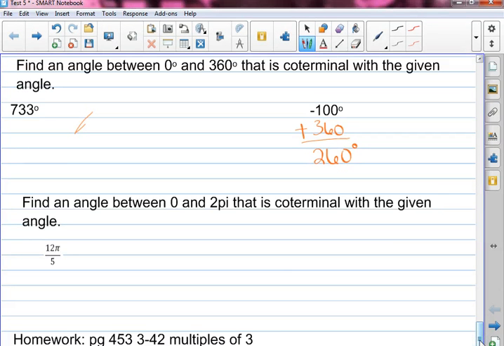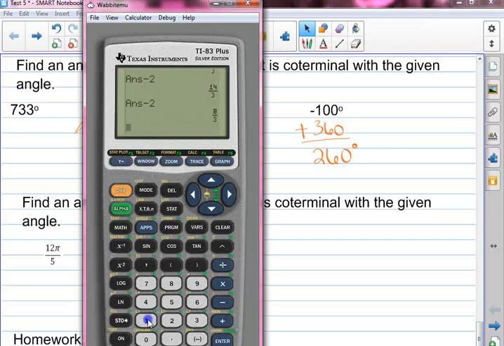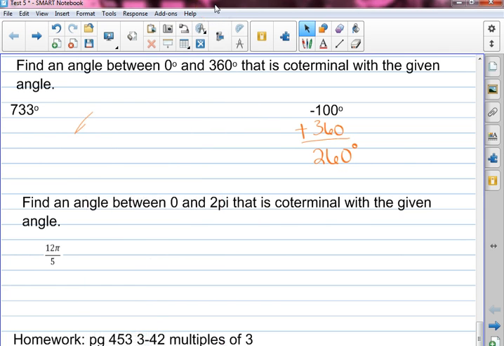And find an angle between 0 and 2 pi that is coterminal with a given angle. Here, 12 over 5. Let's see where that is. That's 2.4. It's bigger than 2 pi, so you're going to subtract 2. And you get 2 over 5, but don't forget the pi symbol.